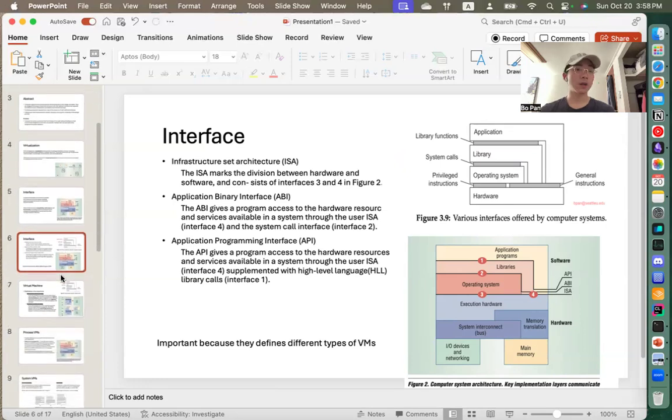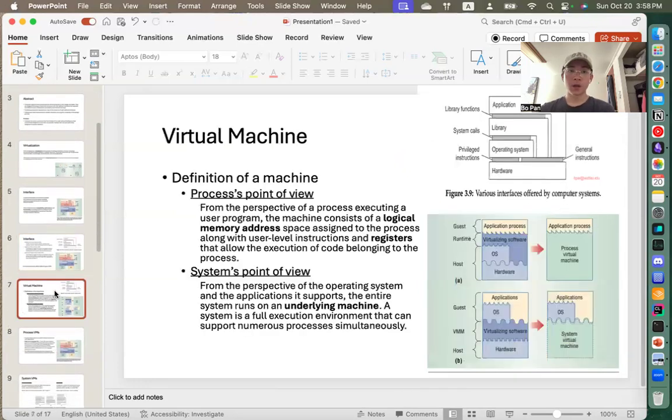So moving on, let's talk about virtual machines. But before we talk about virtual machines, we need to define what a machine is. From a computer architecture point of view, we can view a machine from a system point of view. So I'm the operating system. A machine to me is the whole hardware. So if we are virtualizing the whole hardware, that will be the system virtual machines.